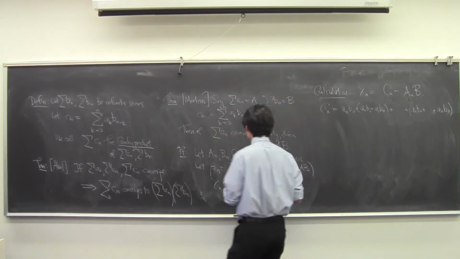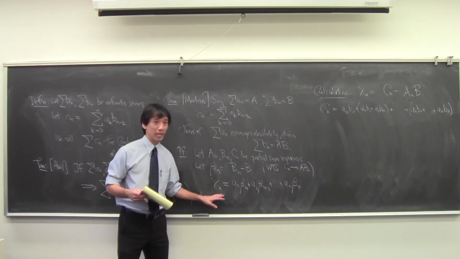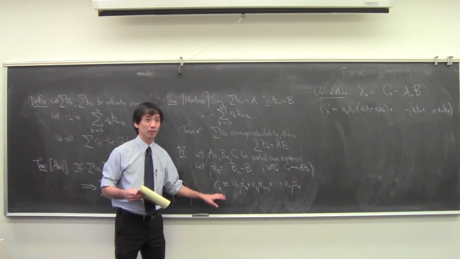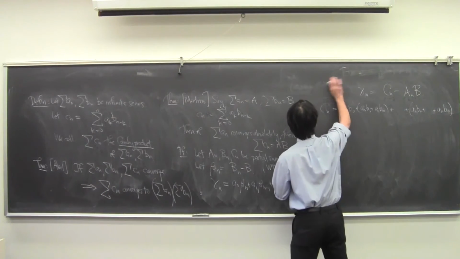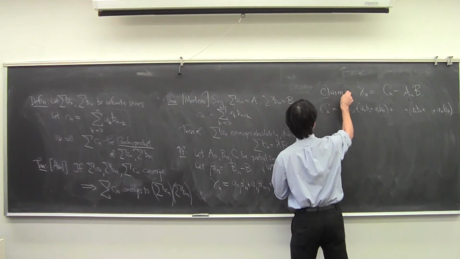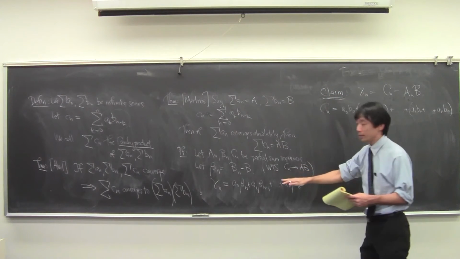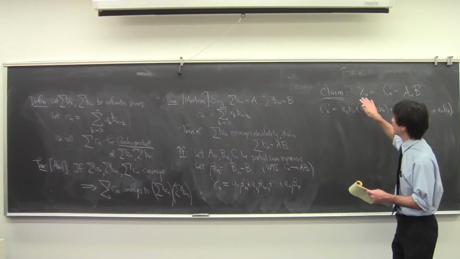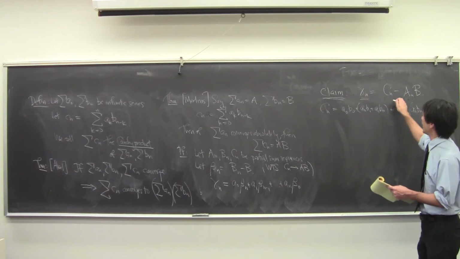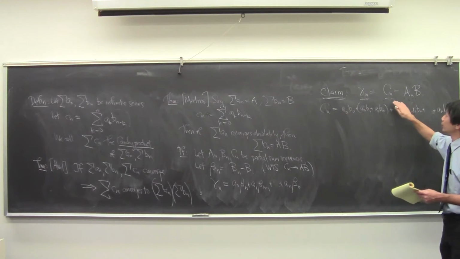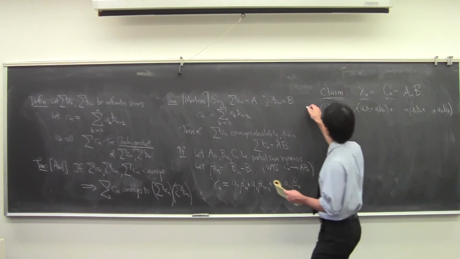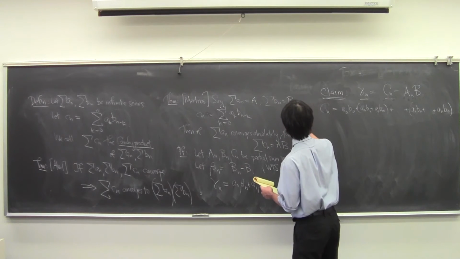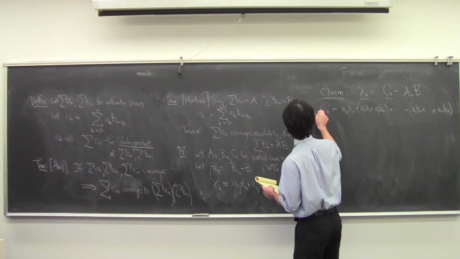That's all right. At this point, the gamma sub n should be mysterious. Here's what we're about to show. We've created this gamma sub n, and we're going to show that it actually is the difference between C sub n and A sub n times B. So, proof by calculation. C sub n we calculated a minute ago.